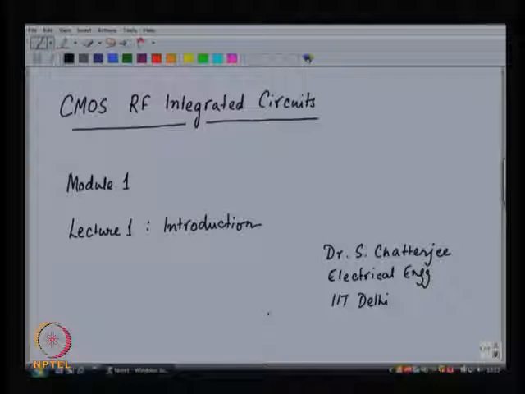So, we are going to be dealing with integrated circuits, number one, for radio frequencies, and secondly, we are going to be making sure that all of these integrated circuits are for CMOS technologies, that is complementary metal oxide semiconductor devices will be there all over the place. So, this is the basic understanding of the course. Number one is CMOS integrated circuits, and then of course, its radio frequencies.